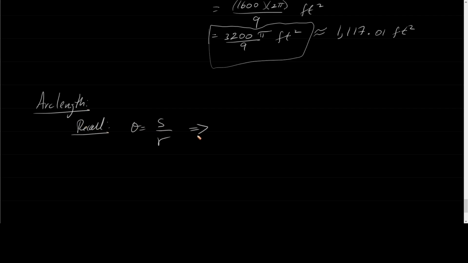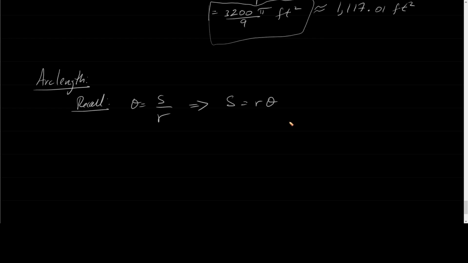Well, this just simply tells us that the arc length is equal to the radius times the angle. And this has to be in radians, because this was a definition for 1 radian. So that is our arc length. S is equal to r theta, or theta times r.